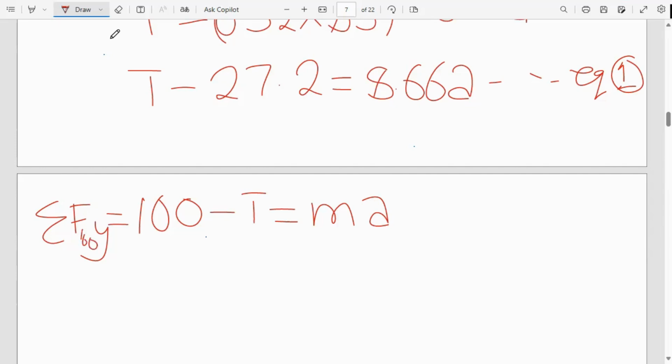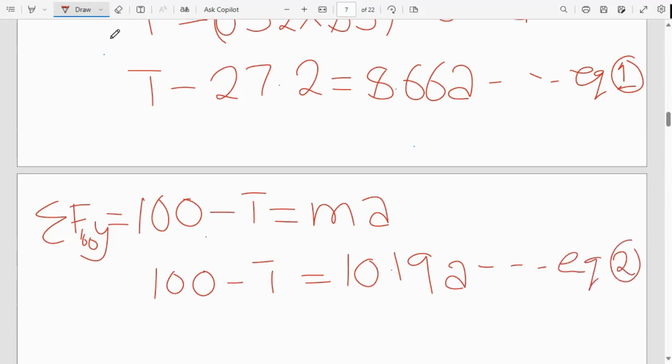So this will be equal to 100 minus T. What is the mass of this object? The mass should be 100 divided by 9.81. This will be equal to 10.19 kilograms multiplied by acceleration, like that. And this is going to be our equation 2.